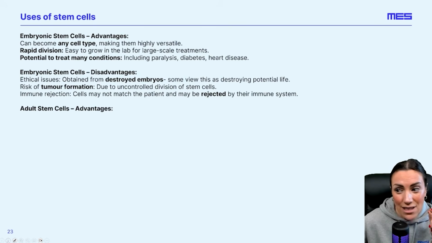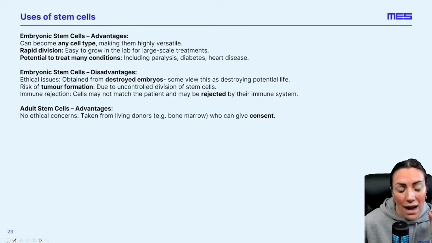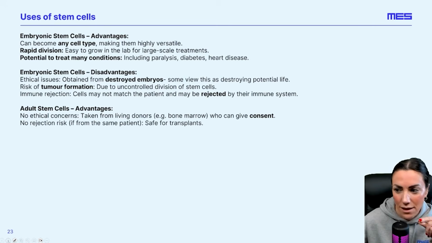Let's think about the adult stem cells. Now, you don't have the same ethical concerns when using adult stem cells because they are taken from an adult donor, for example, the stem cells from within their bone marrow, and the adults can obviously give consent to have their stem cells taken. If you are taking stem cells from the same patient, you don't have that risk of rejection.